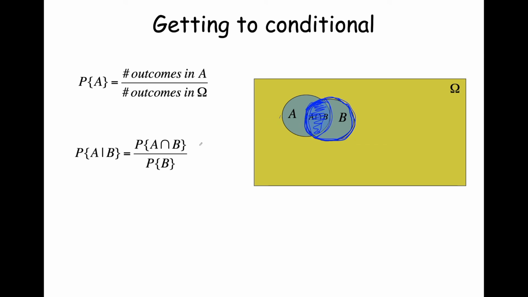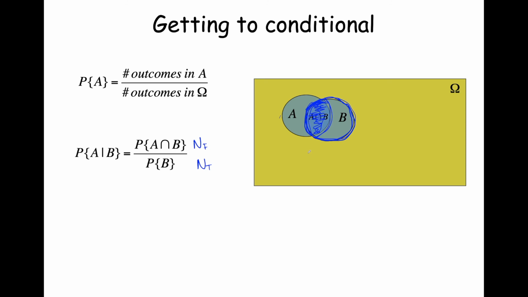And so I express my conditional probability of A given B as the probability of A and B, that's my number of favorable events, that's A and B here, divided by probability of B. What is probability of B? Well, that's my total number of events. Okay, so this definition is our conditional probability.